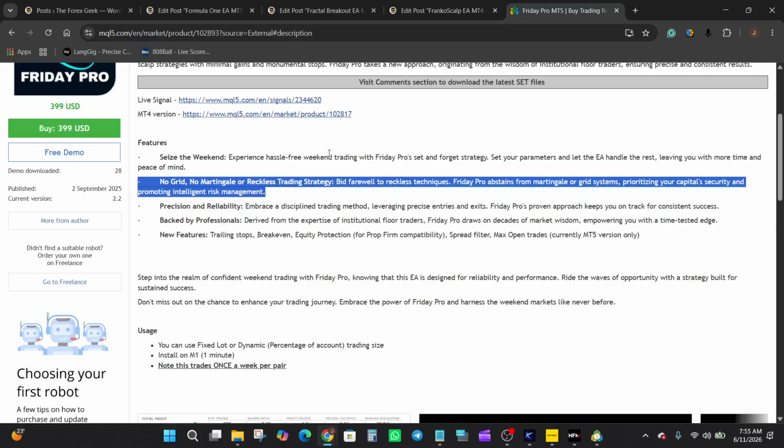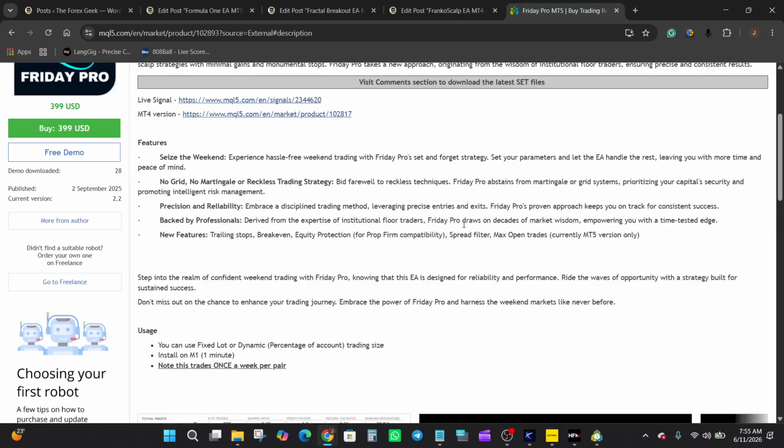The page also highlights several risk and trade management tools. These include trailing stops, break-even functionality, equity protection designed for prop firm compatibility, a spread filter, and a maximum open trade setting, which the developer notes is currently available on the MT5 version.